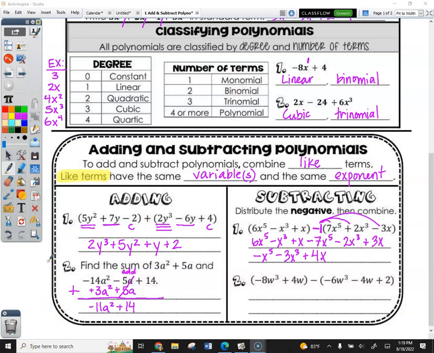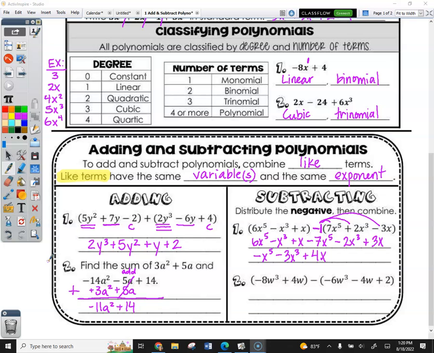All right, what'd y'all get? Negative 2w cubed plus 8w minus 2. Okay.